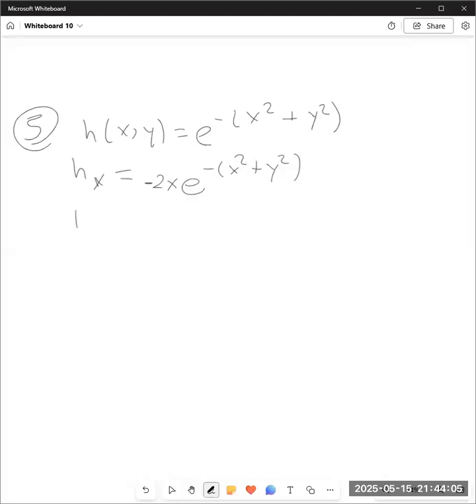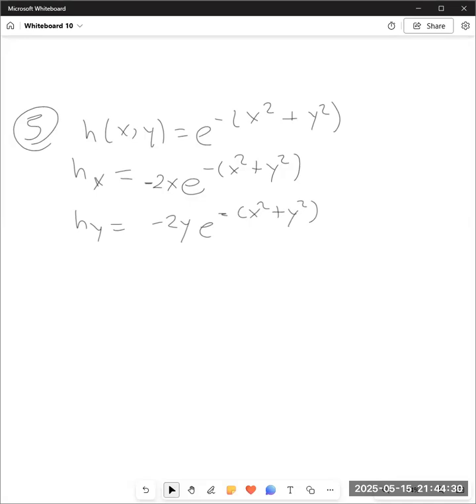And then h sub y is going to be negative 2y e to the negative x squared plus y squared, like that. Okay, I don't know why that didn't look like an h to me and looked like ln, but had to be a letter. All right.